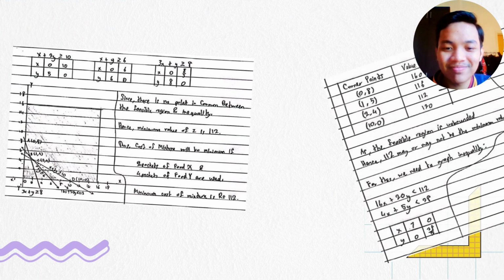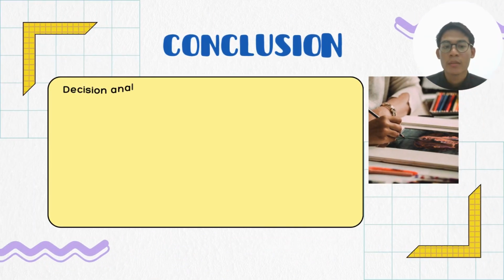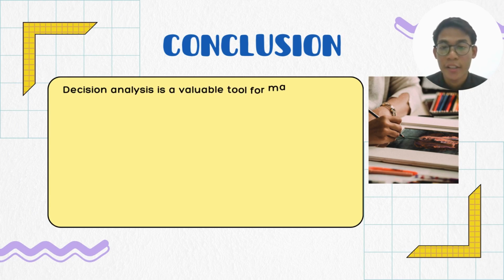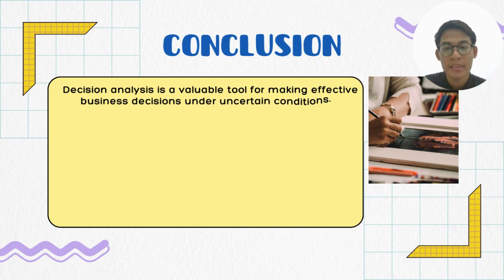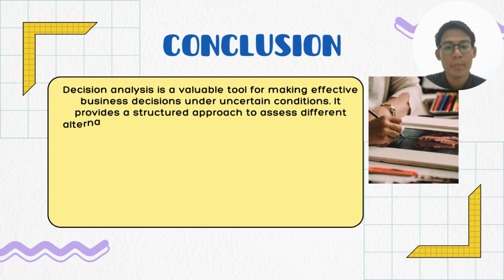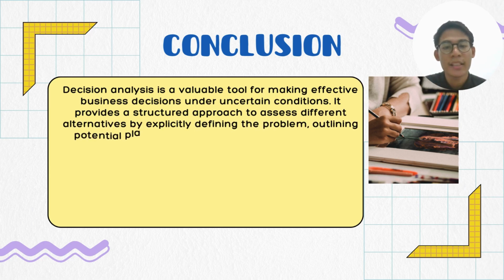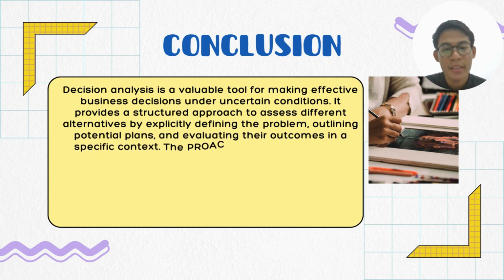For the conclusion, decision analysis is a valuable tool for making effective business decisions under uncertain conditions. It provides a structured approach to assess different alternatives by explicitly defining the problem, outlining potential plans, and evaluating their outcomes in a specific context.